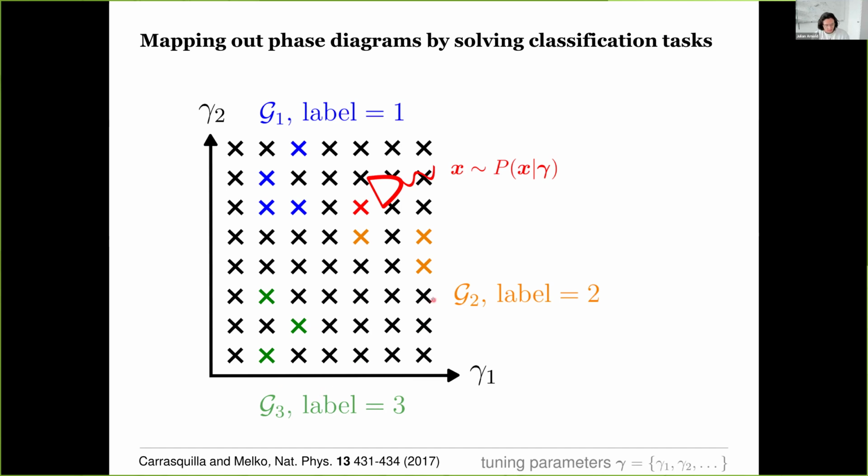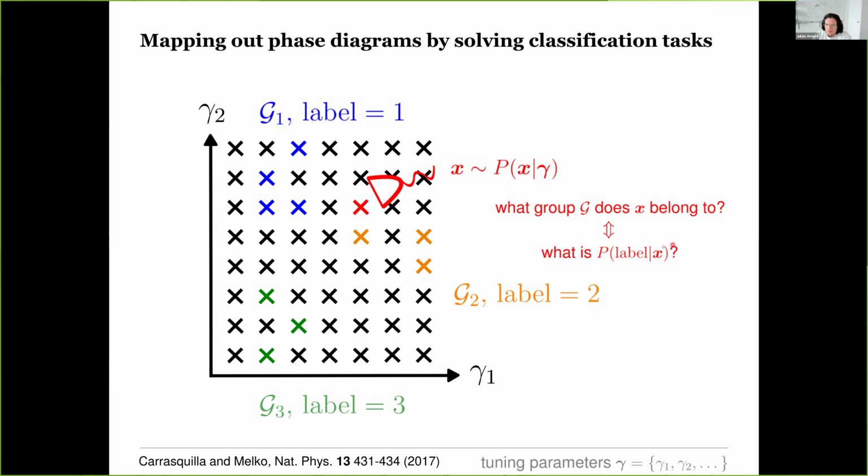And then we can ask a question. Given a sample X from the collection of our data sets that we have drawn, what group does this sample belong to? What is the most likely group this sample belongs to?